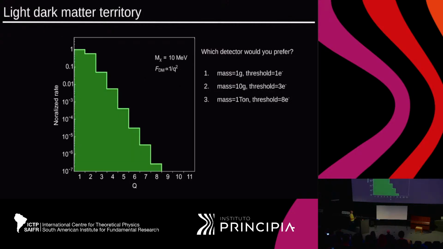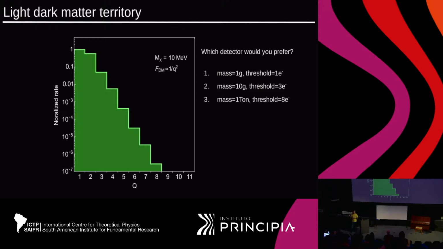Okay, so we're going to start with a case. Here, what you are looking at is a spectrum. This is a prediction for light dark matter candidates. Here you have the parameters: we are using a dark matter particle mass of 10 MeV.